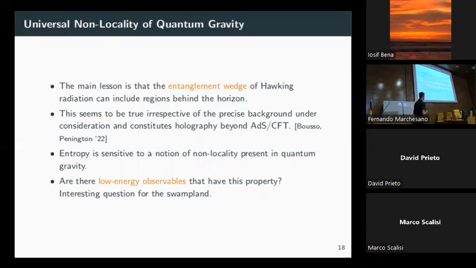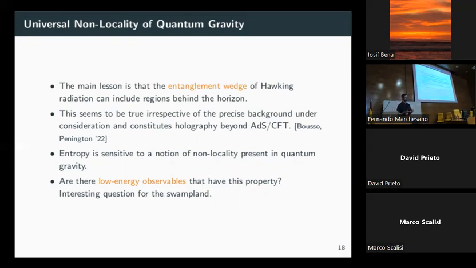I think that's very exciting because it shows you that there are some universal properties that you can compute, for example, in AdS/CFT, but that even hold in spacetimes beyond that. So the fact that this entanglement wedge includes this region beyond the horizon, I think, constitutes holography beyond the AdS/CFT correspondence.